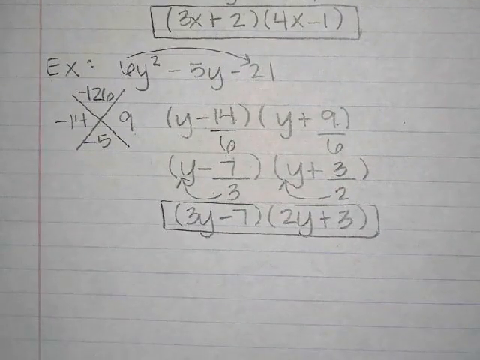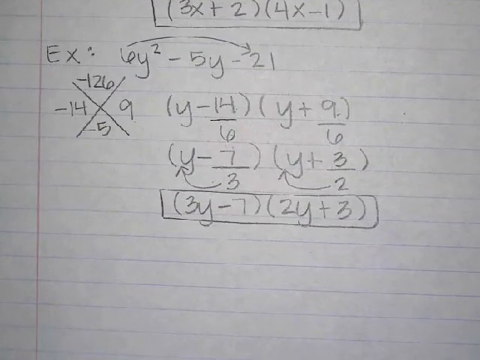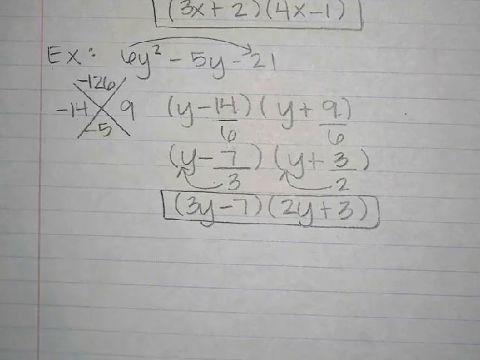How do you guys feel about those? I want to give you guys one that has a GCF in it. How do you guys feel about me giving you one with a GCF in it?